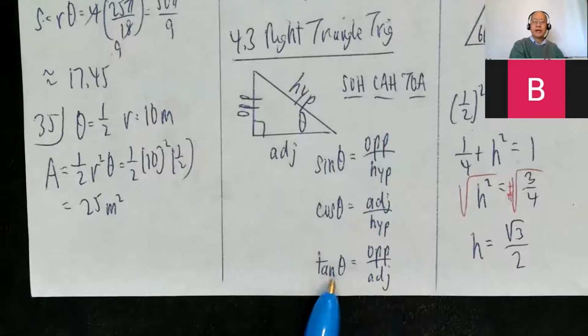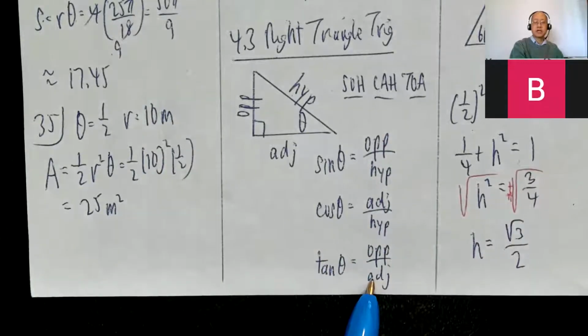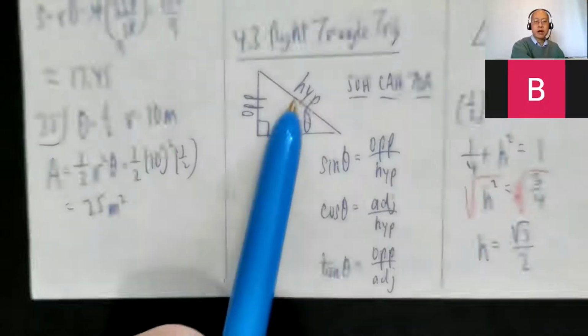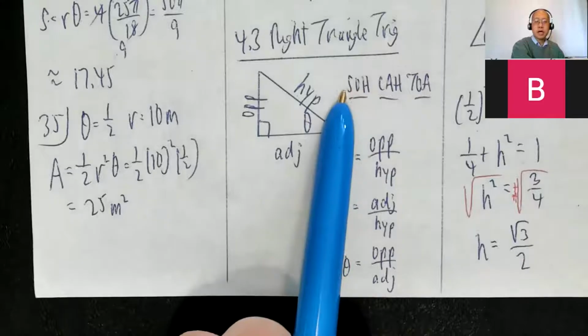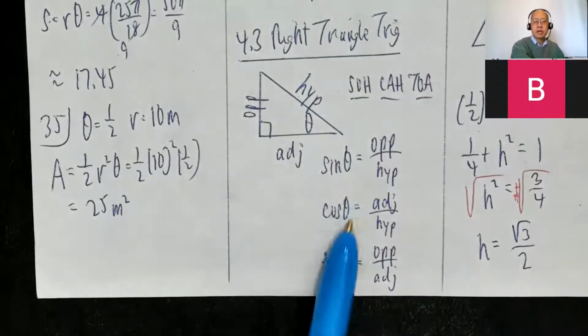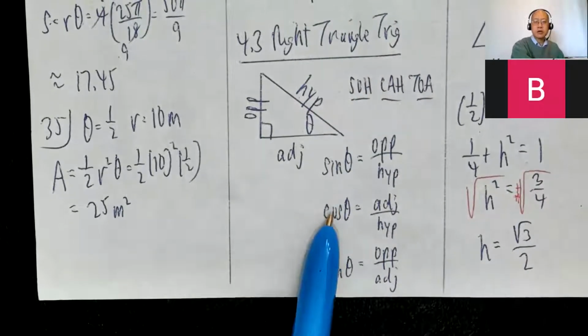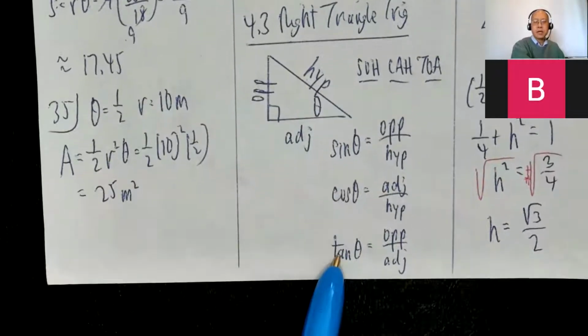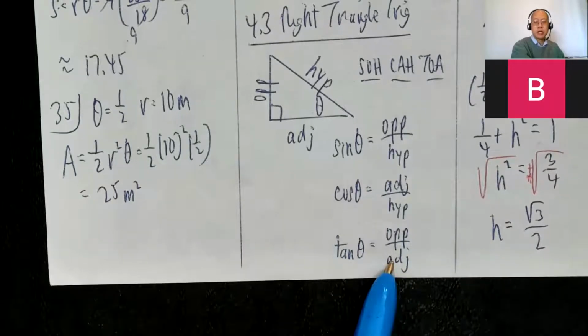TOA, tangent of theta, opposite over adjacent. So these are the ratios in a right triangle. S-O-H, sine, opposite over hypotenuse. C-A-H, cosine of theta is the adjacent over the hypotenuse. Tangent of theta is the opposite over the adjacent.